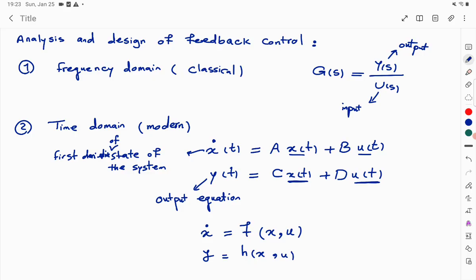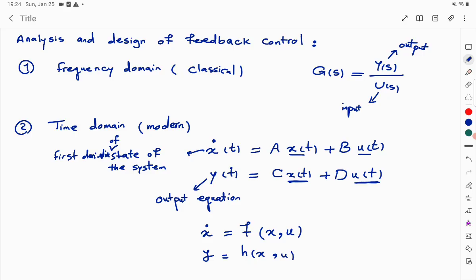But in the time domain, the state of the system, which is represented by these two equations, allows us to consider the initial condition of the system, and also makes it possible to analyze the internal features of the system. Because we can see the internal features of the system in x, and it's easier to see the details of what is actually happening inside the system.